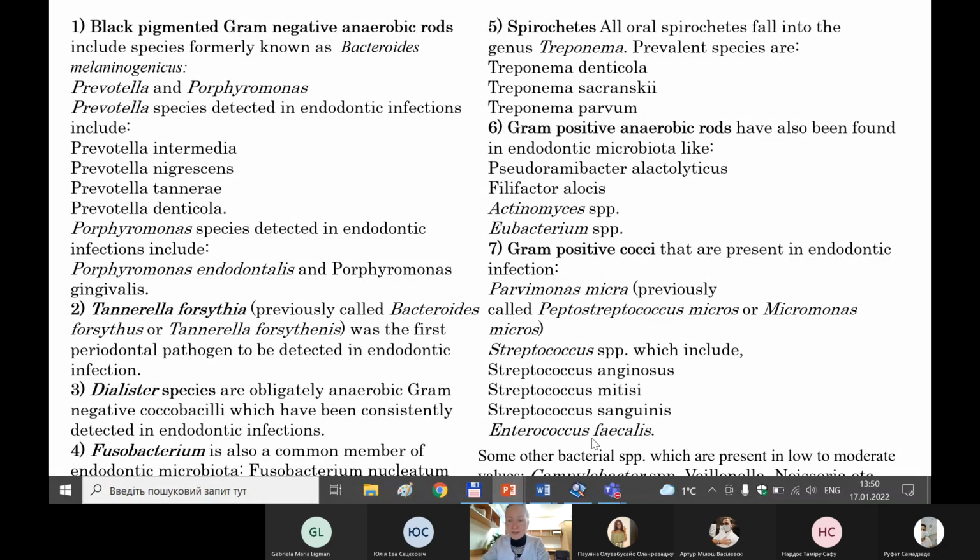As well, some other bacterial species that are present in a low to moderate concentration can be Campylobacter, Veillonella, Neisseria, etc. Numerous species are responsible for pulp inflammation and can be found during microscopic examination of pulp tissue.